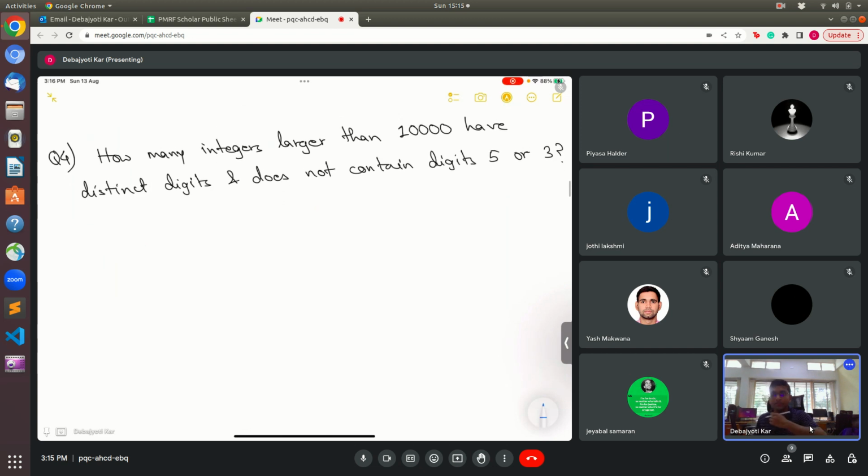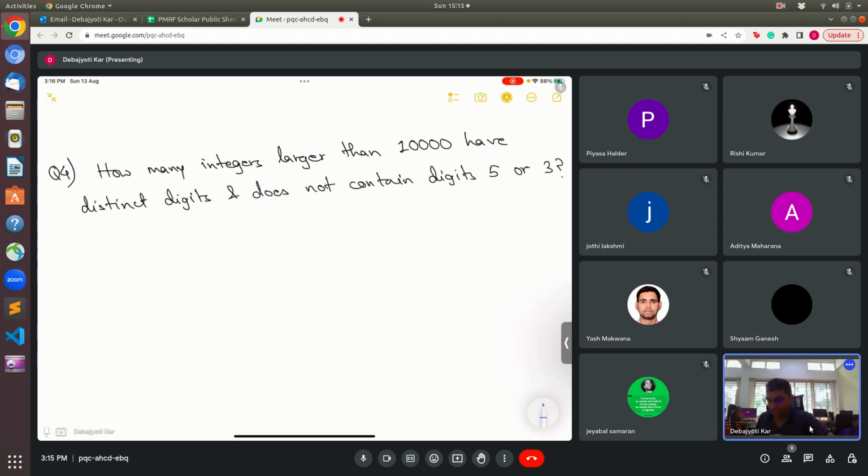This says, how many integers larger than 10,000 have distinct digits and do not contain the digits 5 or 3? So we have to count how many such numbers there are, each of which is more than 10,000, and it must have distinct digits, that is, a particular digit should not repeat, and it should not contain the digits 5 and 3.